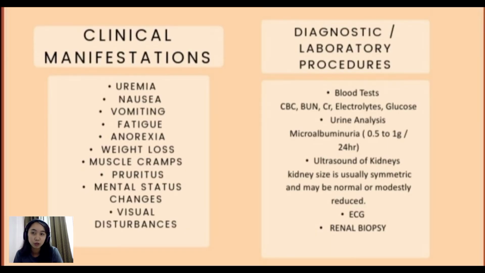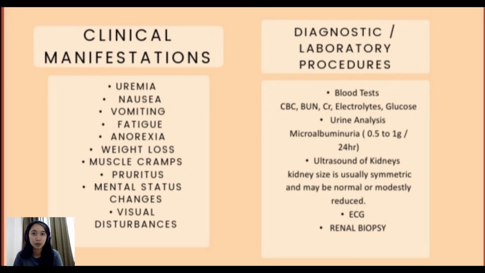Clinical manifestations of nephrosclerosis are uremia, nausea, vomiting, fatigue, anorexia, weight loss, muscle cramps, pruritus, mental status changes, and visual disturbances.